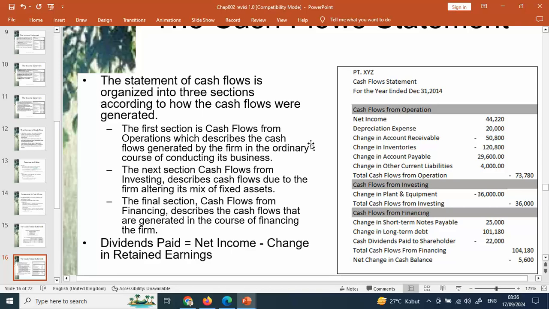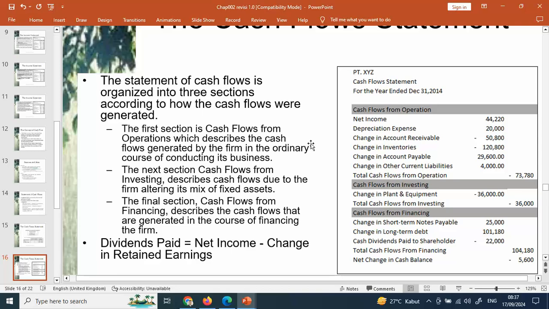The statement of cash flow is organized into 3 sections. The first section is cash flow from operation, which describes the cash flow generated by the firm in the ordinary course of conducting its business. Mostly from the current assets, current liabilities.